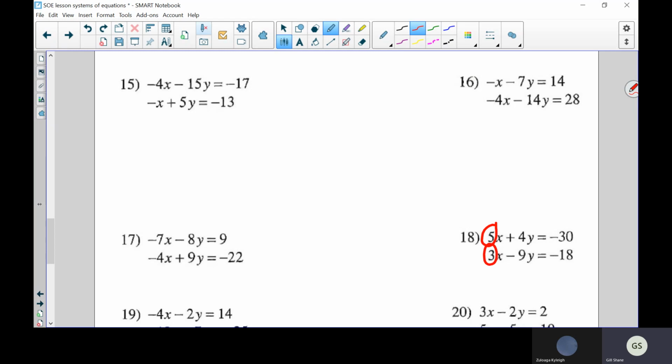I'm going to take the top equation and multiply it by this bottom number, the 3. So every number up here gets multiplied times 3, both sides of the equation. I'm going to take the bottom equation and multiply it times 5.